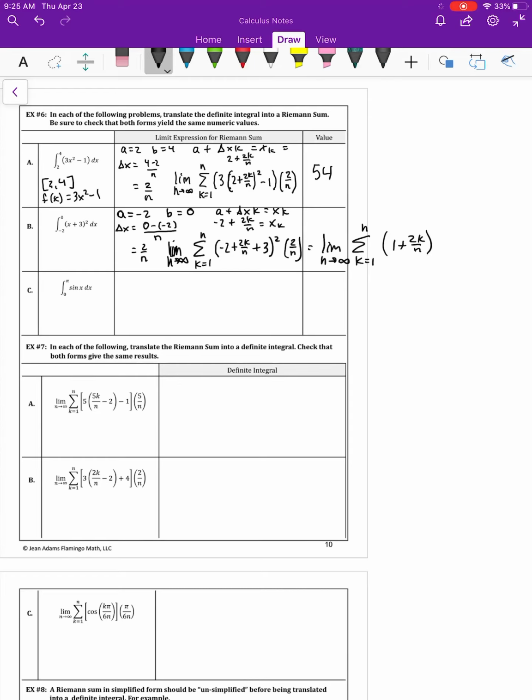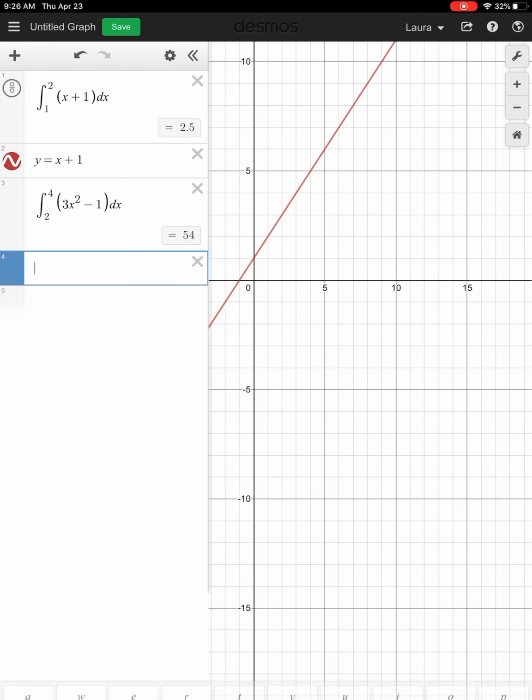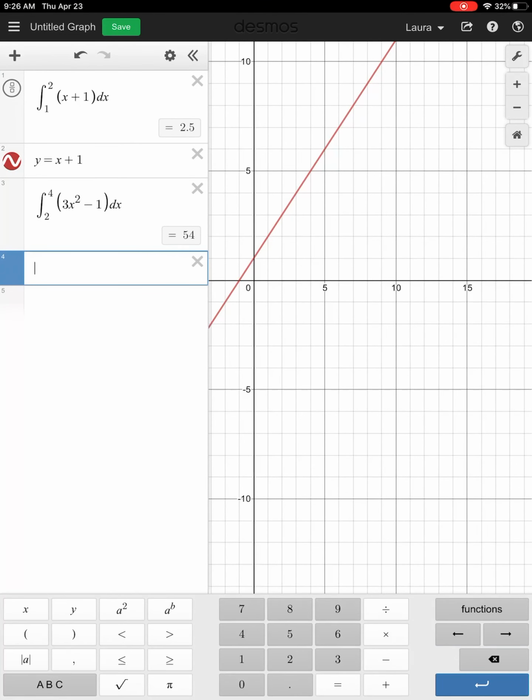So I put my negative 2 plus 2k over n in for x, and then times 2 over n. If you want to, you could simplify, because I'd add my negative 2 and my 3, that would be 1 plus 2k over n squared times 2 over n.